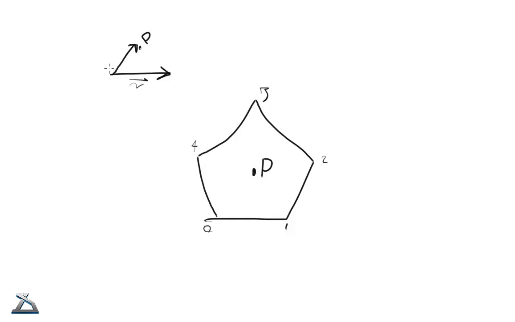You merely have to make another vector from the origin to that point, and then make the determinant, which is an artifact of the cross product. And if it's negative, it'll be on the left side. If it's positive, it'll be on the right side.